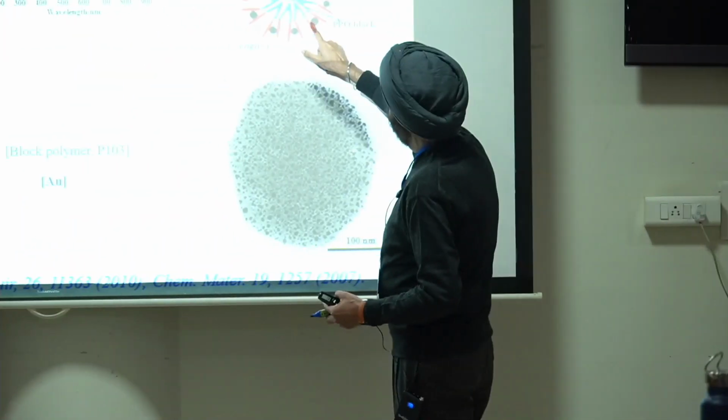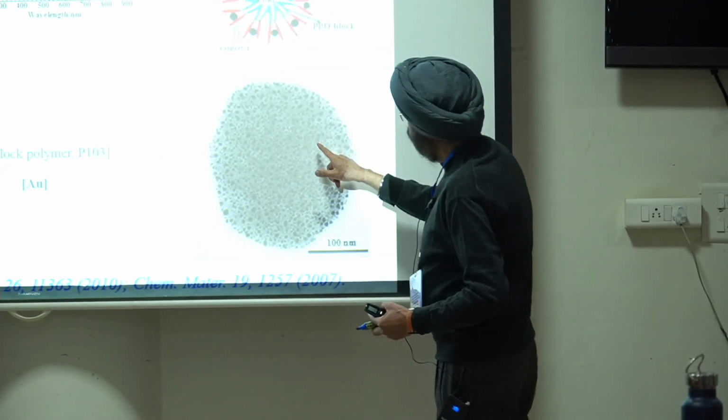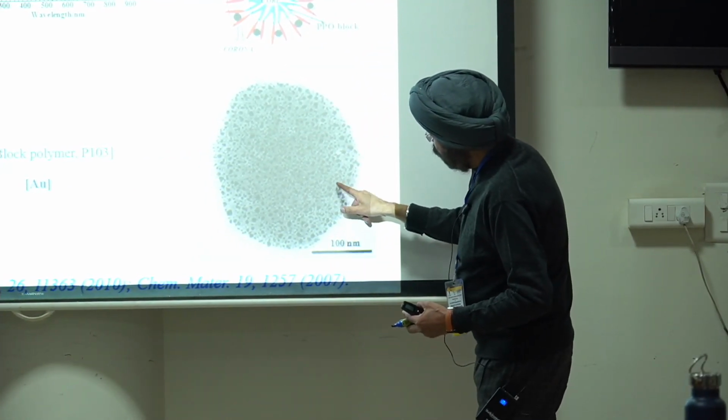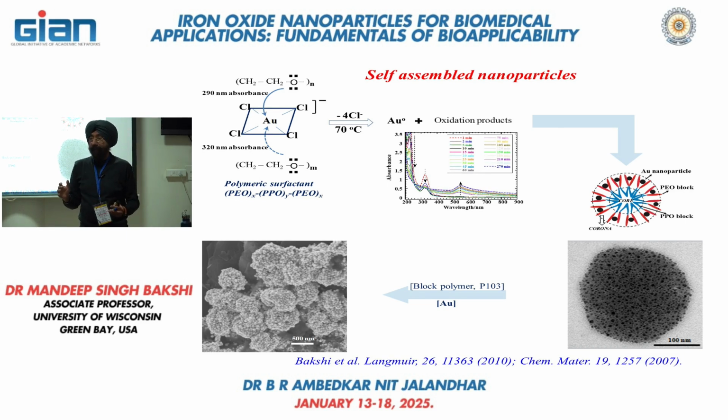That is why these black dots are the nanoparticles, all black dots are the gold nanoparticles, and they have grown from the micelle. So exactly the way you might have heard about the template effect. We have a template, and we are using a template in order to design a particular object.